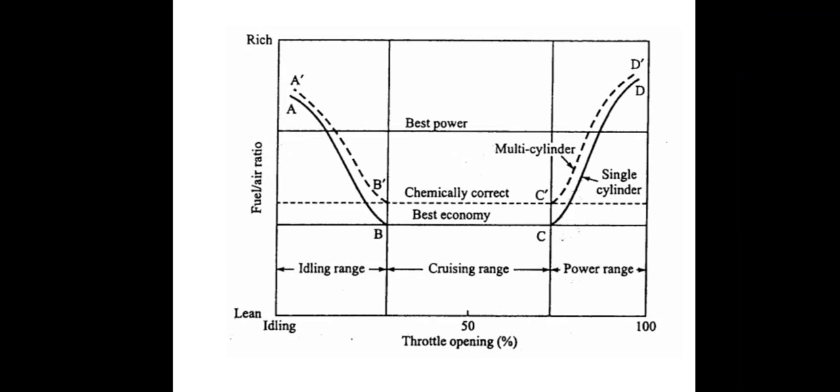You can see in the figure the graph shown by point C to D. It has already been observed that the mixture requirement for maximum power is a slightly richer mixture than the stoichiometric. The carburetor has to be set in the vicinity of the best power mixture.